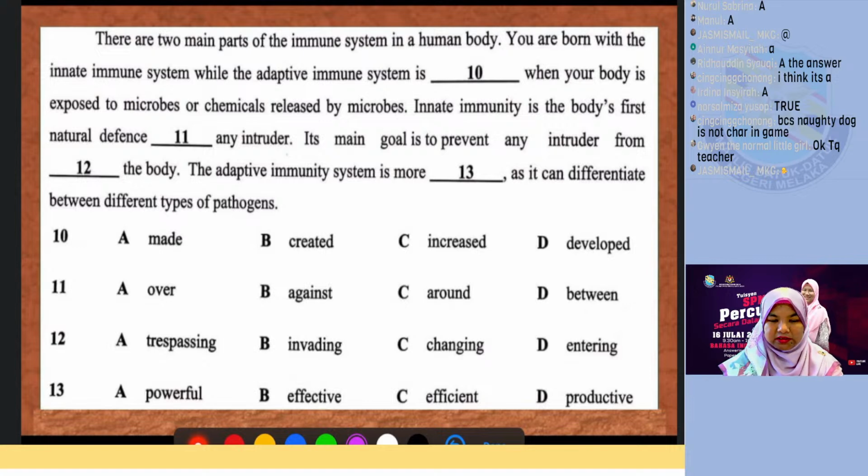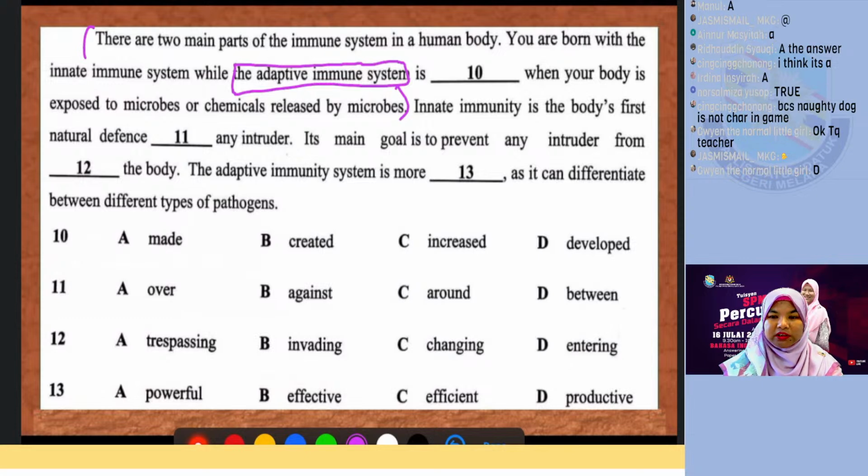The options are made, created, increase and develop. Here the text is talking about the adaptive immune system. The adaptive immune system is formed, or starts working, when your body is exposed to chemicals or toxins.